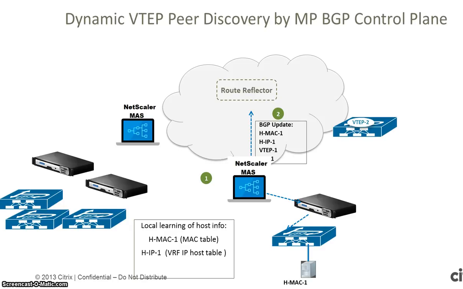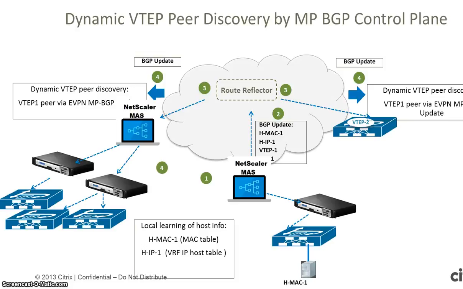This route reflector in turn will push this information to all the VTEPs or the hypervisors that are listening to this BGP update. That's how all the VTEPs or the endpoints will become aware of the endpoint reachability with the MP-BGP control plane protocol.